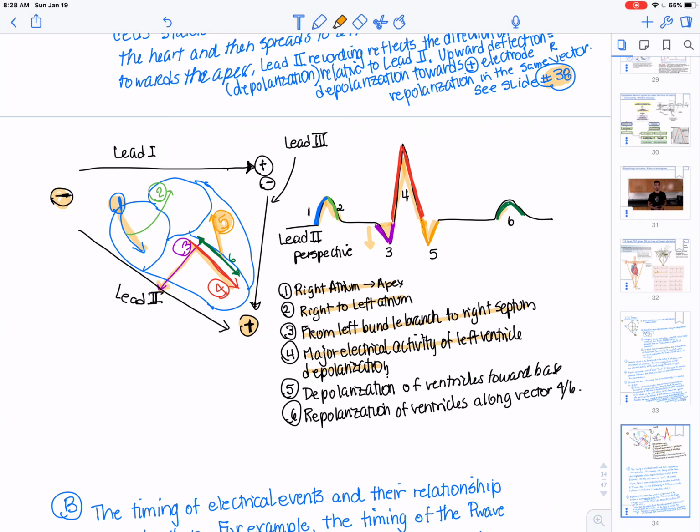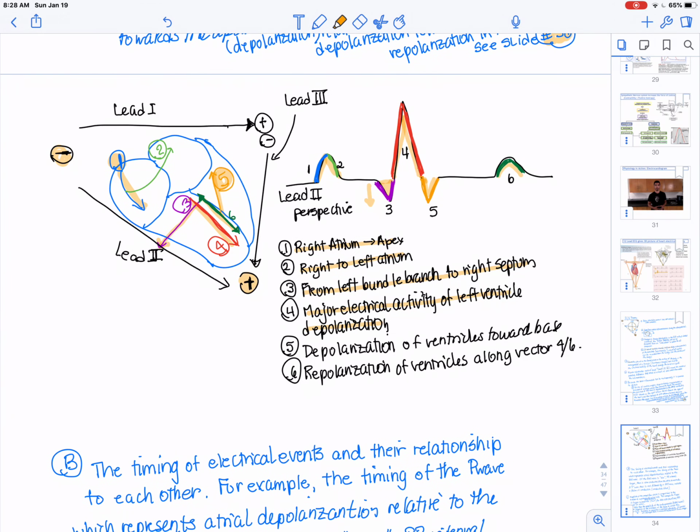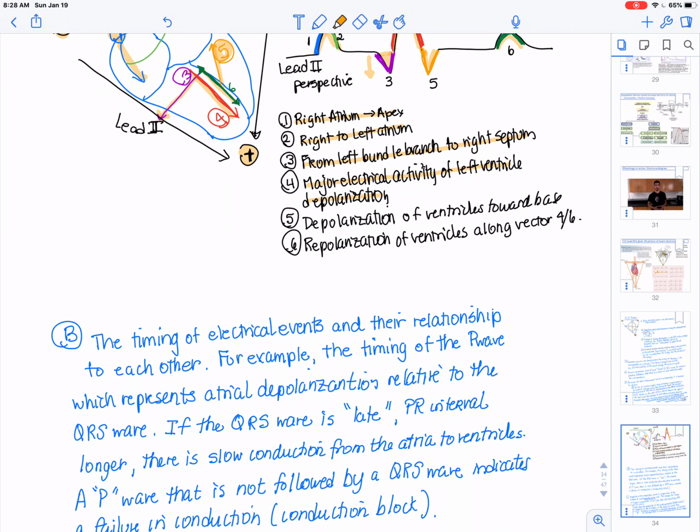And finally, we have the repolarization of the ventricles, and it happens in the same direction as the lead 2 electrode, and so we have that in a positive direction.